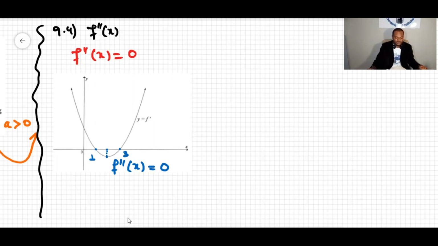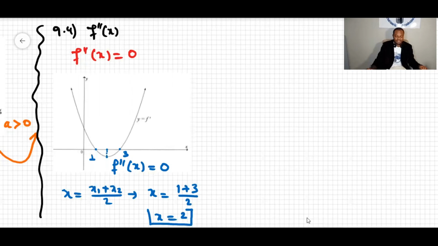So the point of inflection x is equal to x1 plus x2 all over 2, which is x equals 1 plus 3 over 2, so x is equal to 2. The point of inflection is at x equals 2.